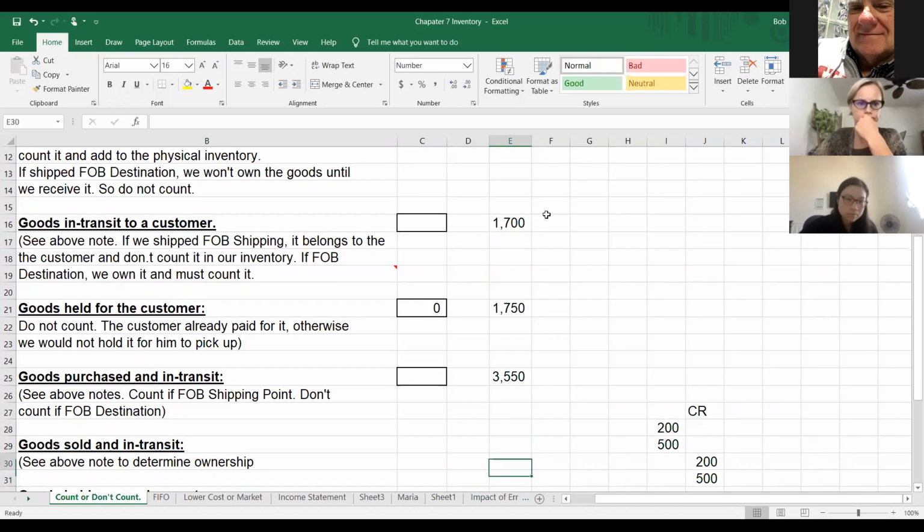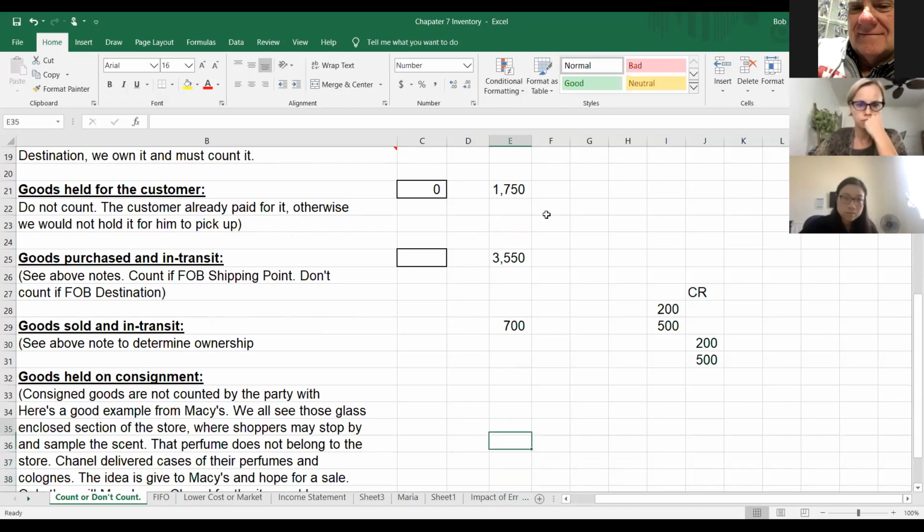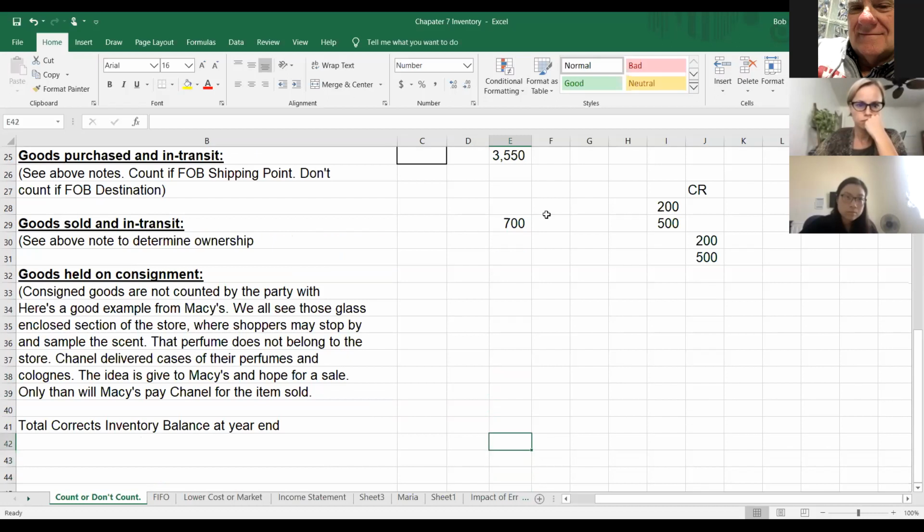Goods purchased, 3550, and then the last two, 700, I guess. And then the last one was the consignment, which is, okay, we'll put it here. The consignment was 950. Okay.